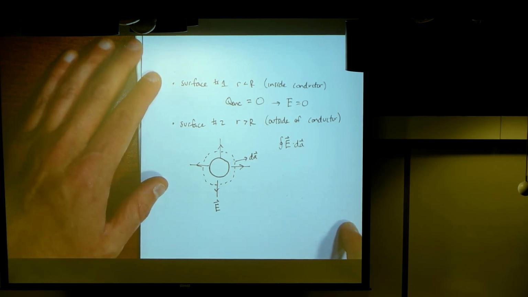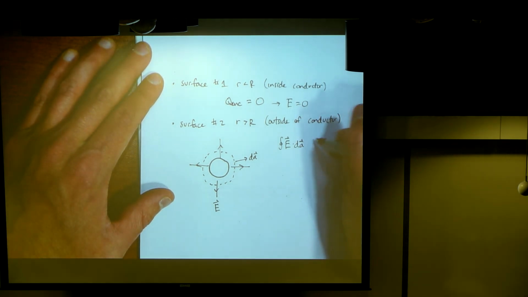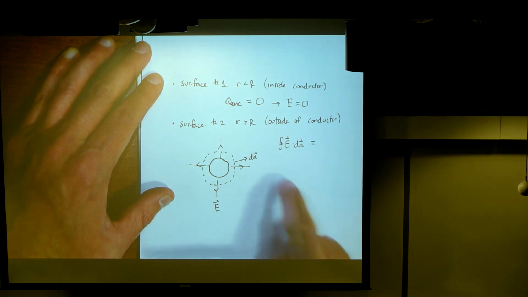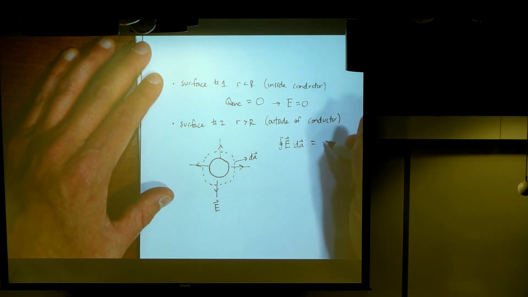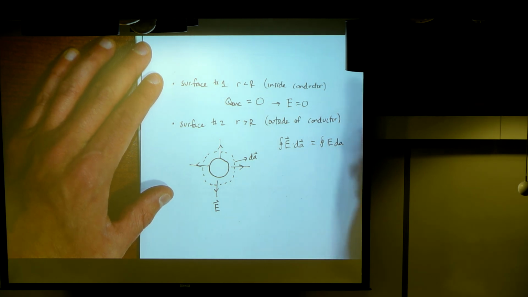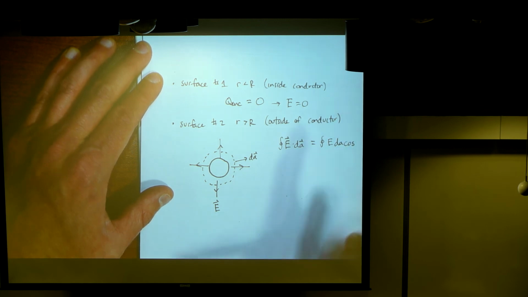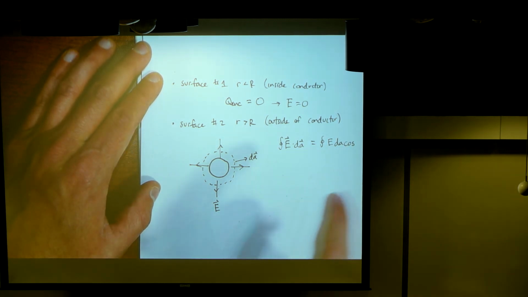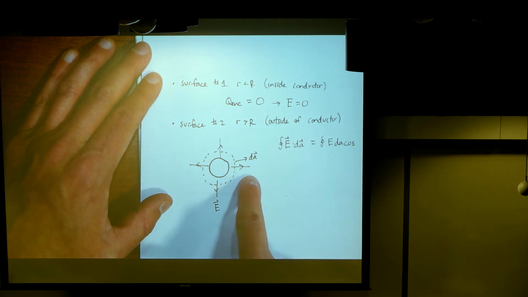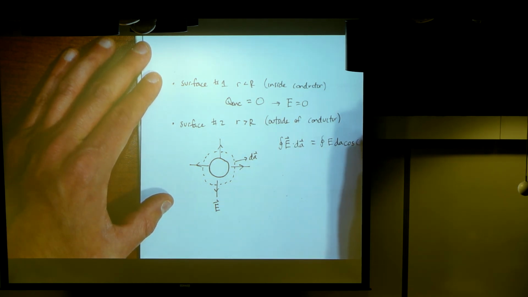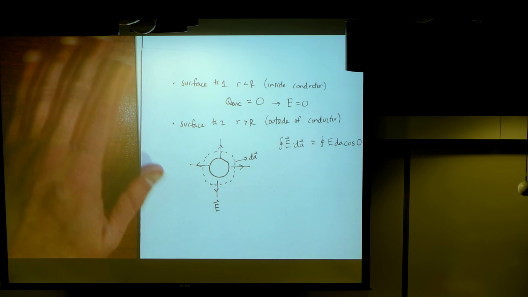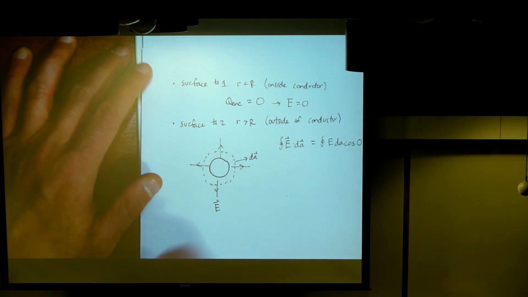Okay? So, we'll start as usual by evaluating the dot product. So we have, let's say, magnitude E times magnitude dA times cosine of the angle between the two vectors E and dA. And what is that angle here again? It's 0. They both point radially outwards, so there's no angle between them. Okay?